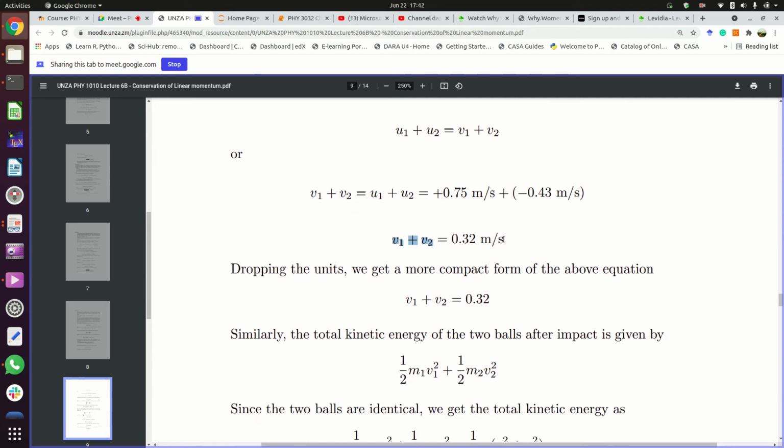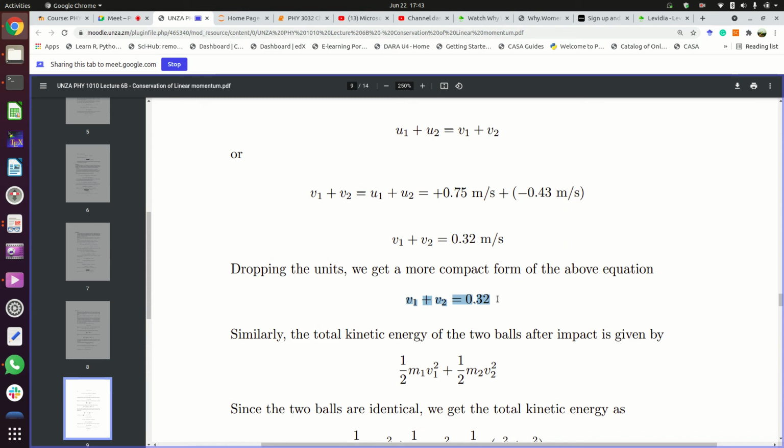Since we want to come up with an equation, we end up having V1 plus V2 equals 0.32. Now, this does not tell us what the velocities of the first ball and the second ball are. We still do not know what V1 is. We still don't know what V2 is.